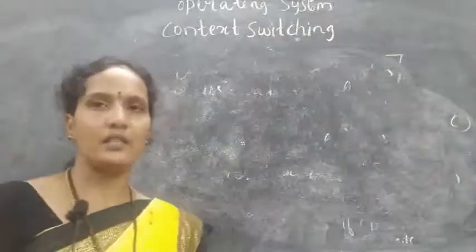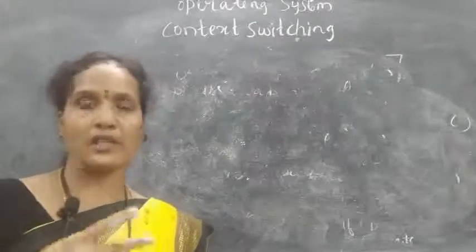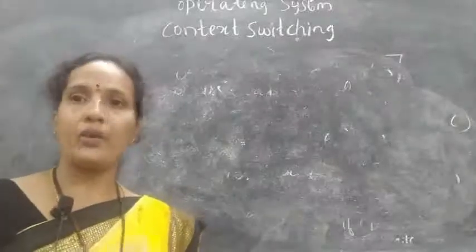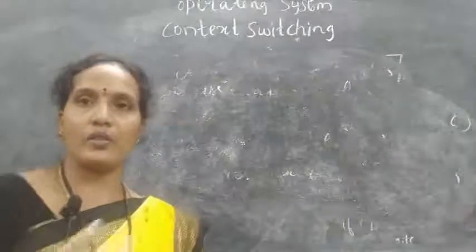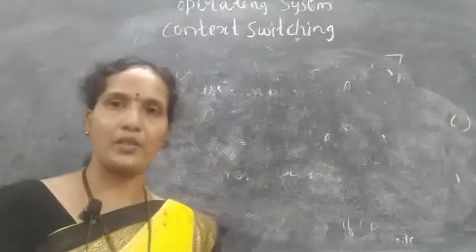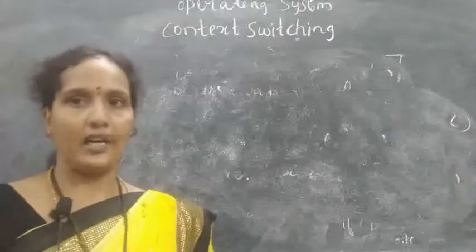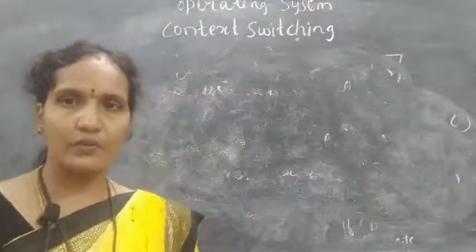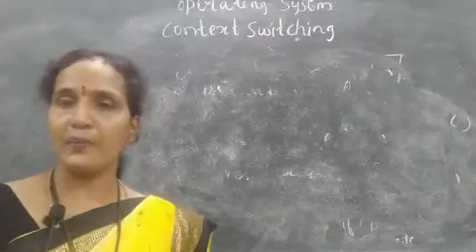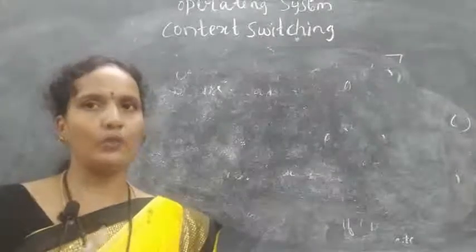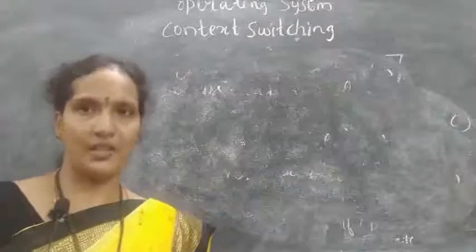In the process creation, 3 or 4 steps I have explained: how to create a process, how the parent process and child process will be executed, when the parent process will wait, what resources the child process will get from the parent process, and how the child process will get an ID. Understood all of you? How many operations will the operating system perform on a process? Two. One is the process creation and the second one is the process termination.